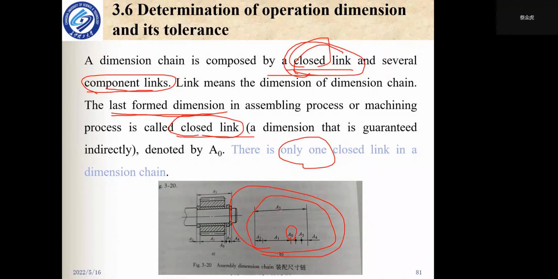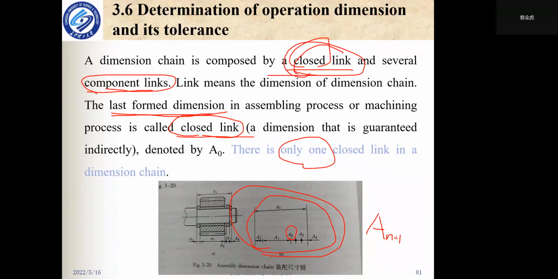Usually, the component links are denoted by A1, A2, A3, A4, A5, and An-1, An, if we have many. If we take the closed link into consideration, then the number of links may be calculated as n plus 1.